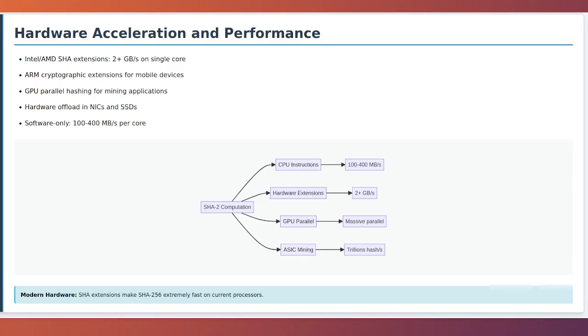For embedded systems with limited processing power, SHA-256 remains practical. Even a low-power ARM Cortex-M processor can hash several megabytes per second. The lesson is that SHA-2 performance is excellent on essentially all modern hardware, which contributes to its universal adoption.